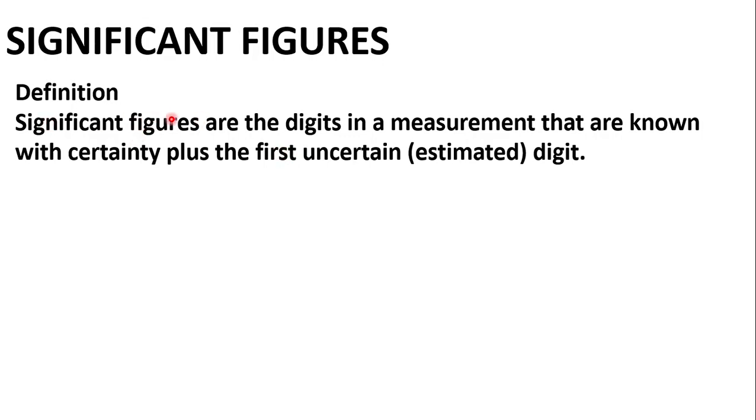In other words, the significant figures are just digits that you are sure represent the quantity, in addition to another digit which you believe to be uncertain, or some kind of rounded off digit. So the digits in a measurement that are known with certainty, plus the first uncertain or estimated digit, make up the significant figures.